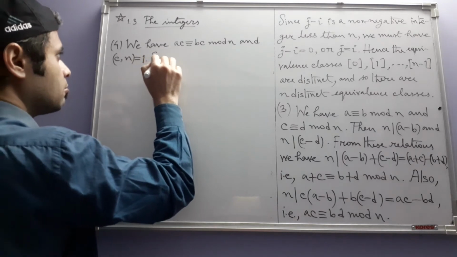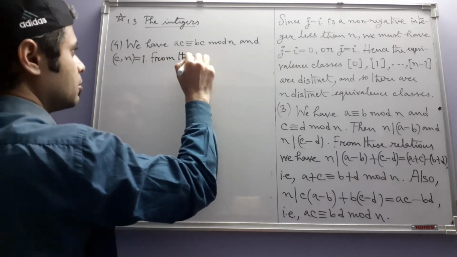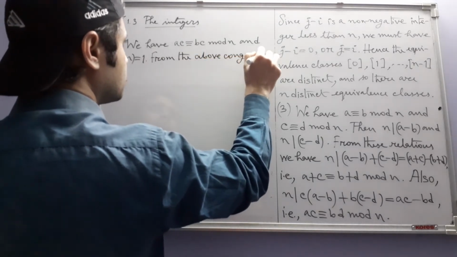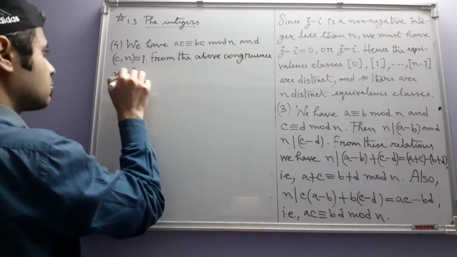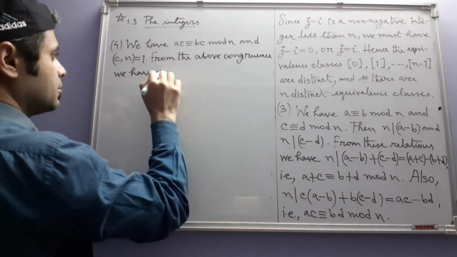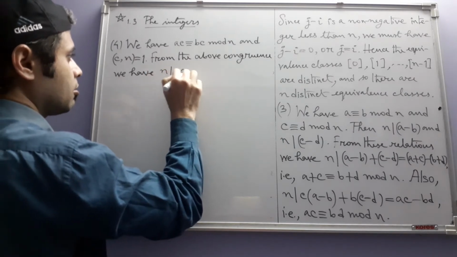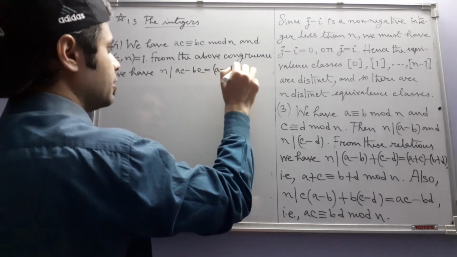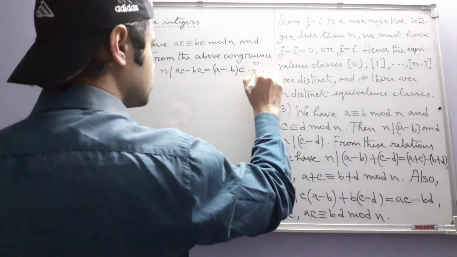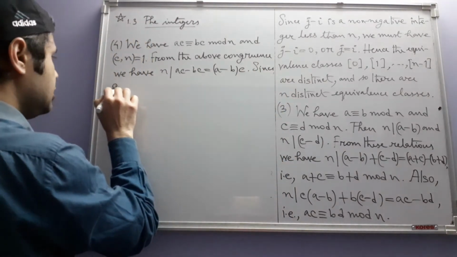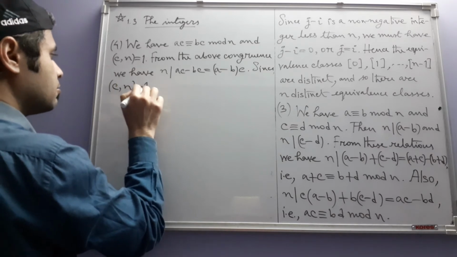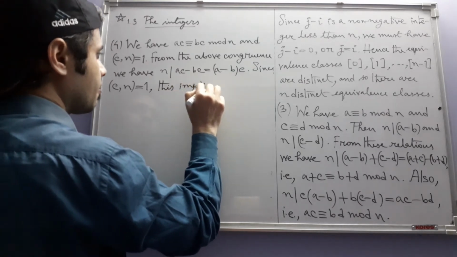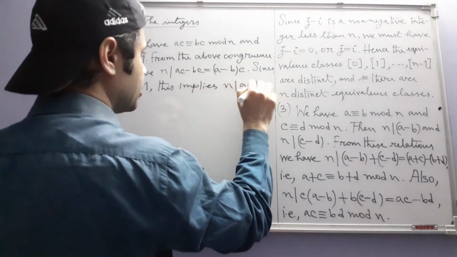From the above congruence we have n divides AC minus BC, which is the same thing as A minus B times C. Since C and n are relatively prime, this implies n divides A minus B.